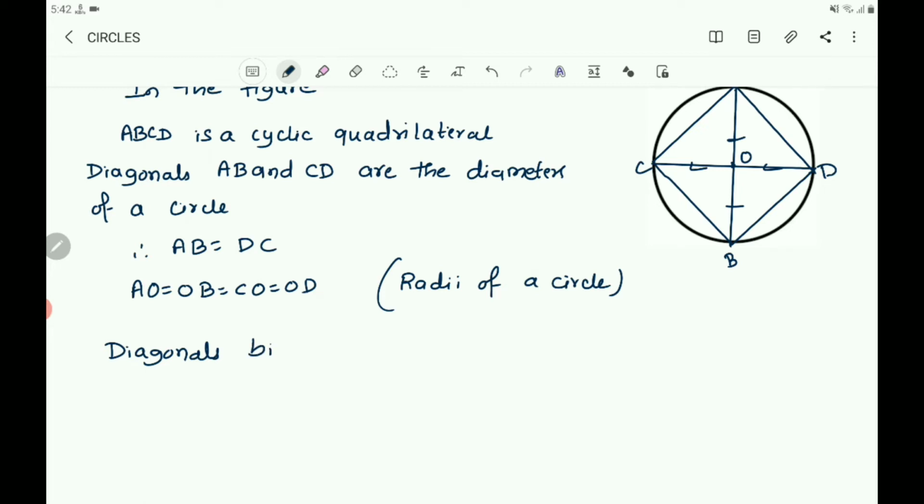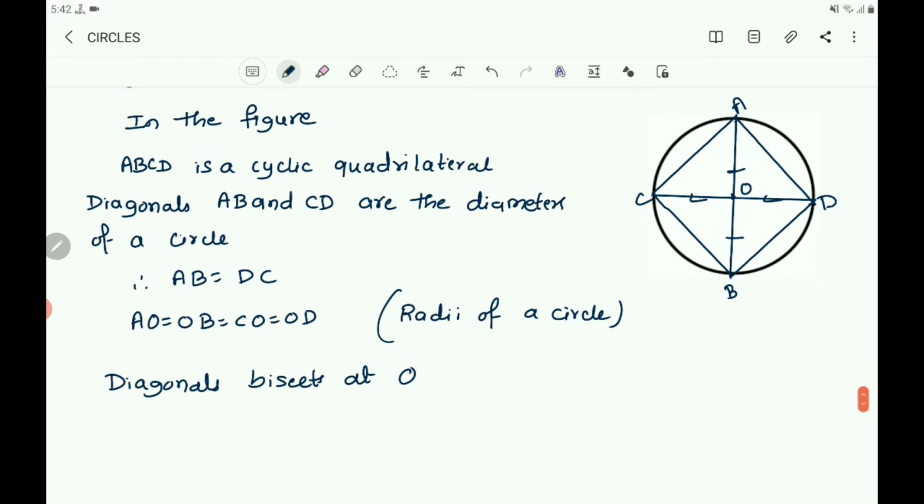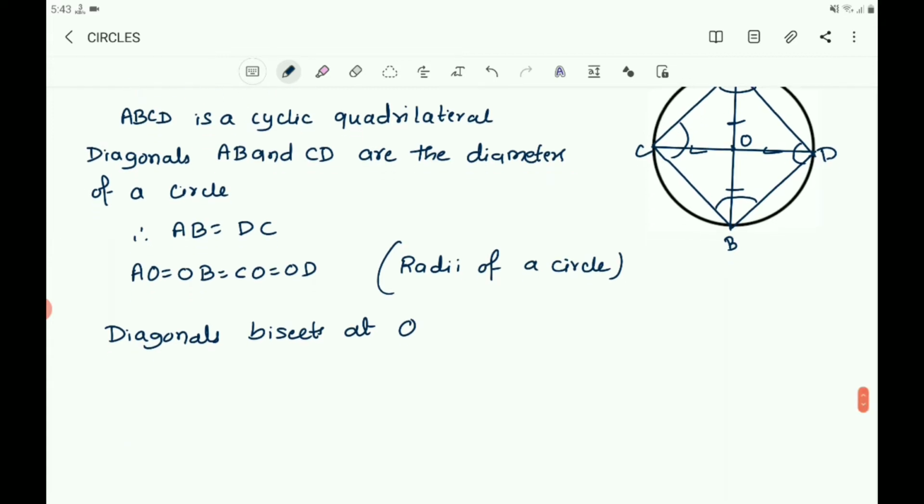Diagonals bisect at O. And also you can say that all the angles of the quadrilateral are 90 degrees as they are the angles in the semicircle. Here AB and CD are the diameters, means all the 4 angles of the quadrilateral ABCD are right angles.